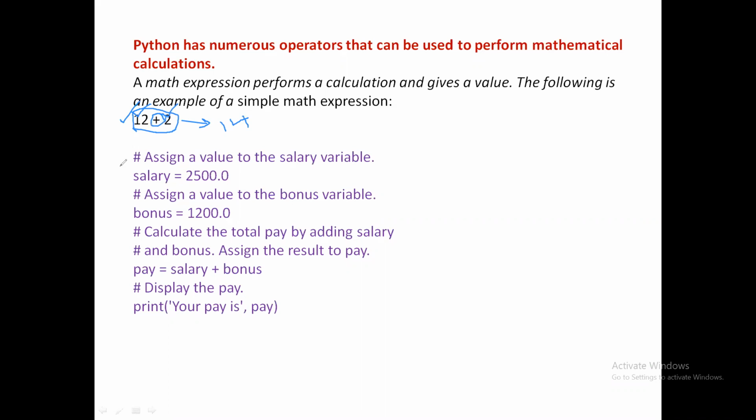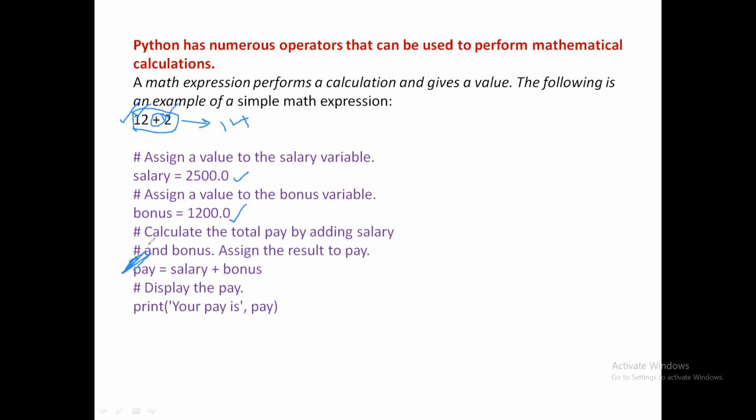Okay, right. So look at this example program here that shows a simple calculation of the pay of a particular employee based on the formula, the salary plus bonus gained by the employee. Okay, so at first step, we initialized salary equals 2,500, and then bonus equals 1,200.